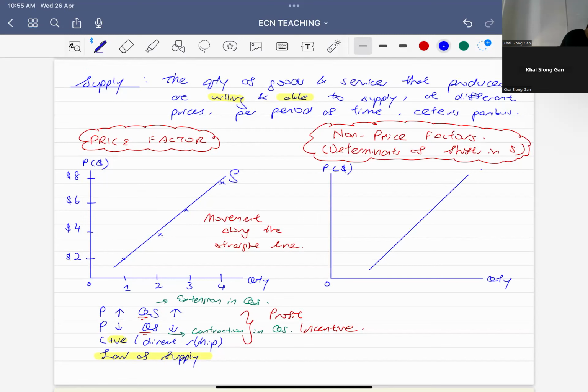Assuming the price is here at $10, you as the producer are interested to supply up to 8 units, for example. Now let's say because of some other factors, it costs you less to supply more. So supply increases. The price is still the same, but more is supplied, up to 10 units, for example, from point A to point B.